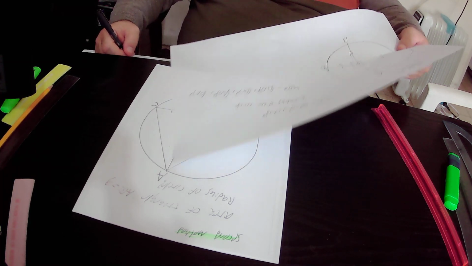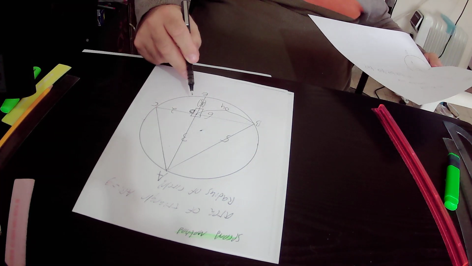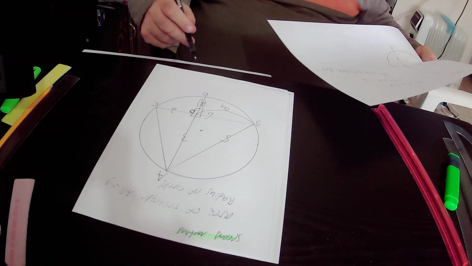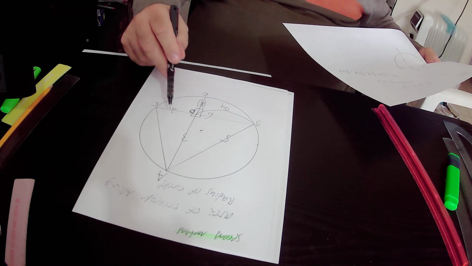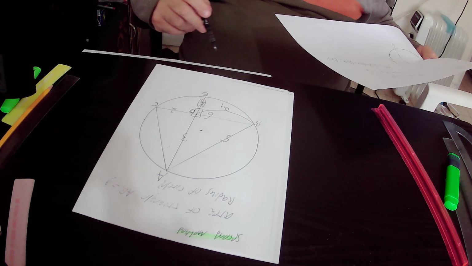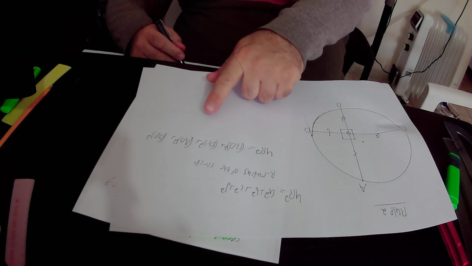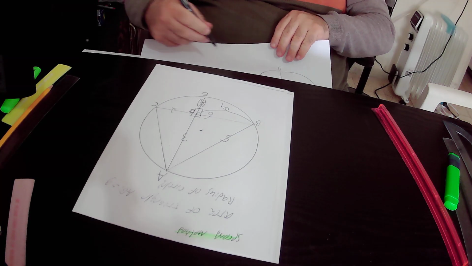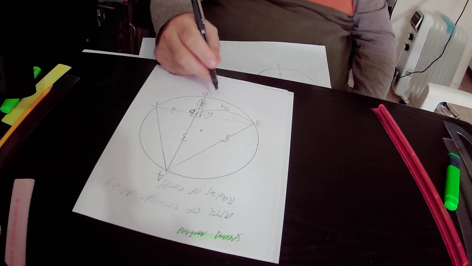Repeat again. Because chord AE intersects with chord BC at 90 degrees, we can implement rule number 2, and we get that 4R squared equals BD squared plus DC squared plus AD squared plus DE squared. So 4 times R squared equals BD squared.